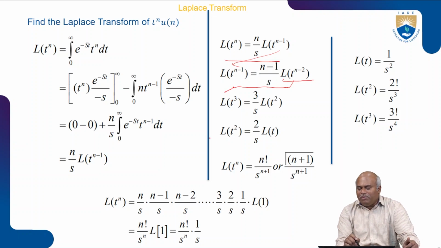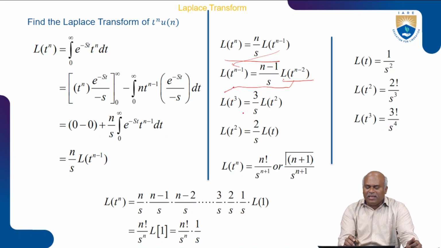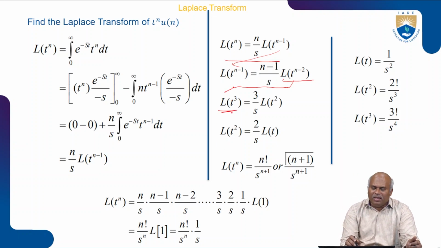Now based on this, I take t power 3. The Laplace transform of t power 3 is equal to 3 by s times the Laplace transform of t square. The Laplace transform of t square is equal to 2 by s times the Laplace transform of t.